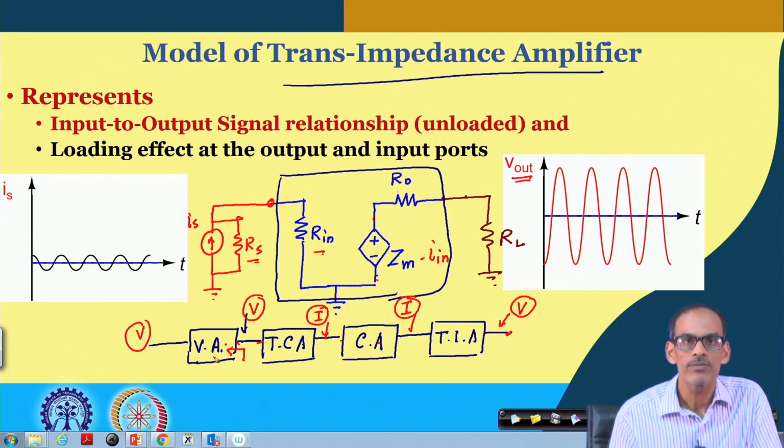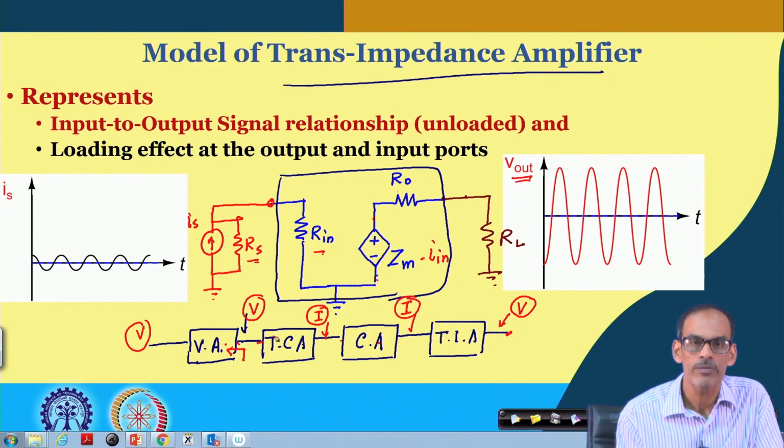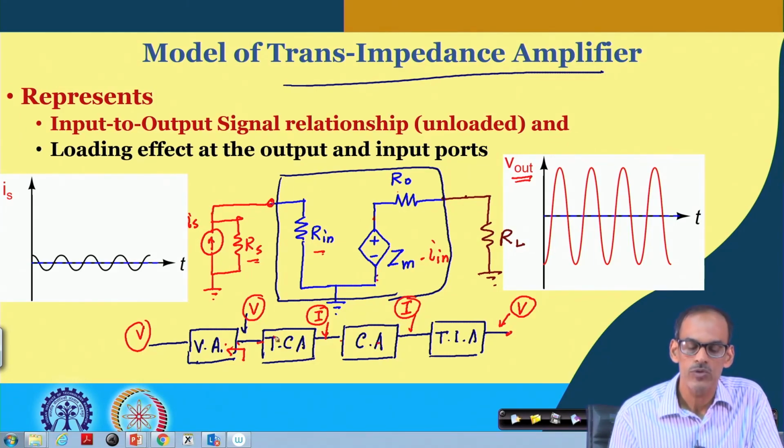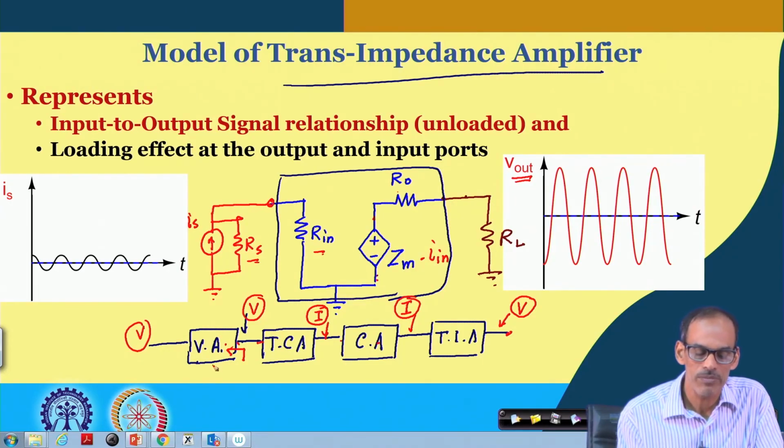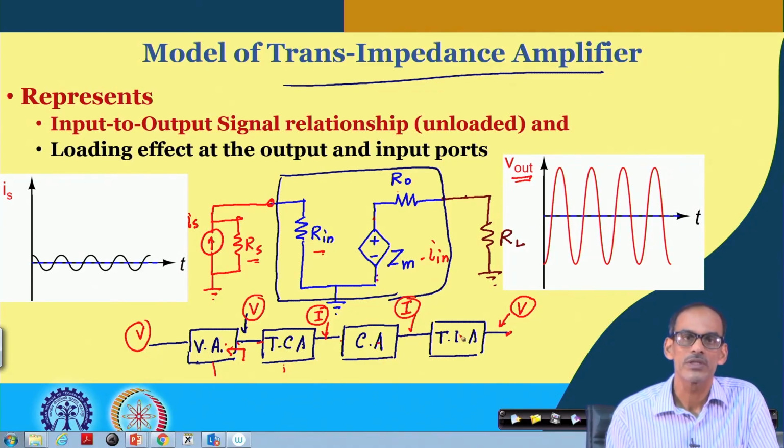After seeing what kind of amplifier it is cascaded to, you may have to adopt those things, but as individual building blocks we have these 4 basic models. They are sufficient, and each of those models has primarily 3 elements.